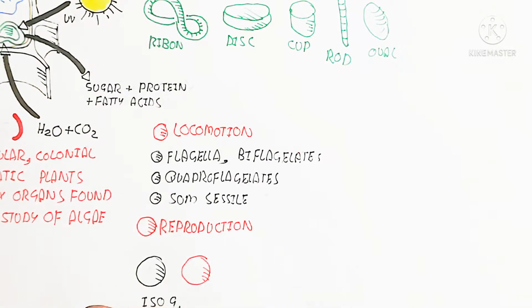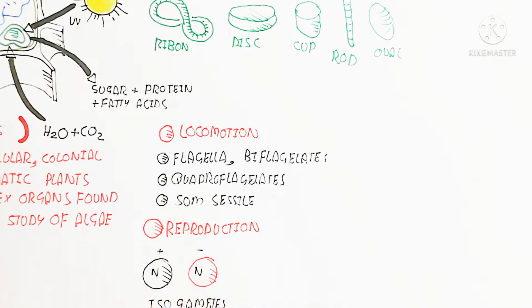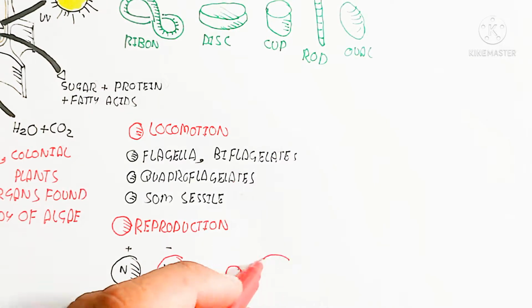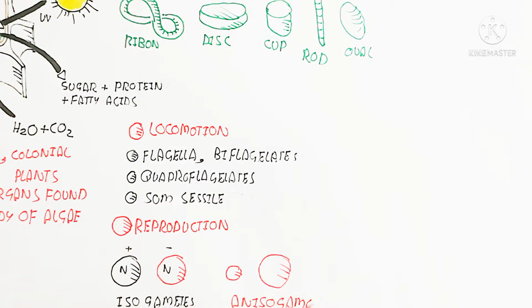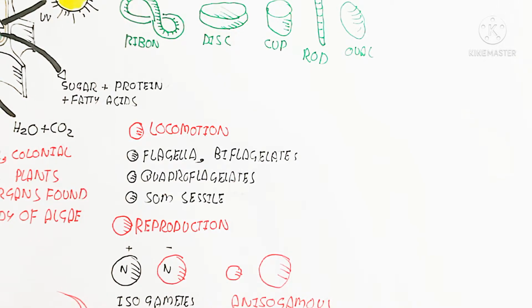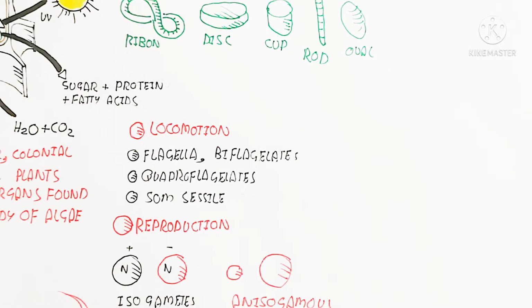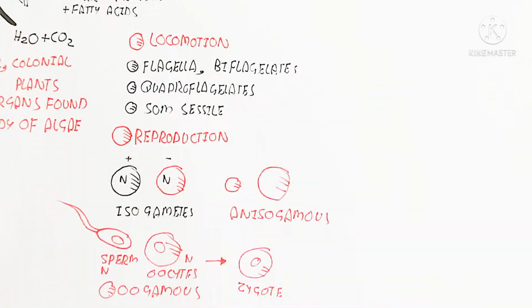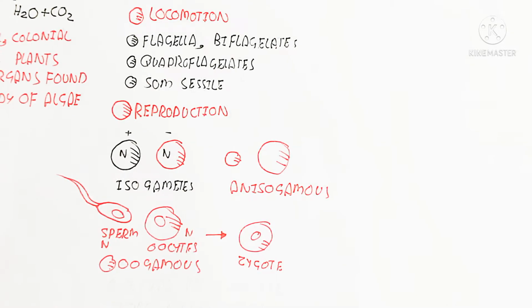So remember about that. Ribbon-like structures are present in Spirogyra, disc-like structures are present in different algae, and cup-like structures are present in Chlamydomonas. On the other hand, rod-like structures are present in another alga, Ulothrix or something. So the oval is different.